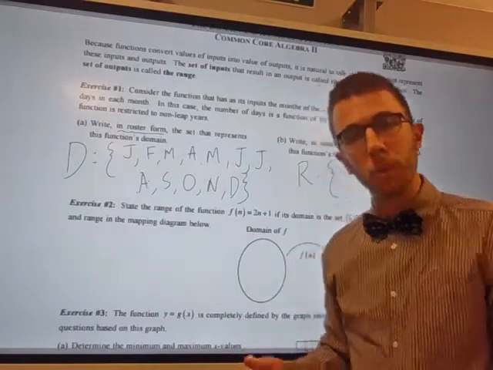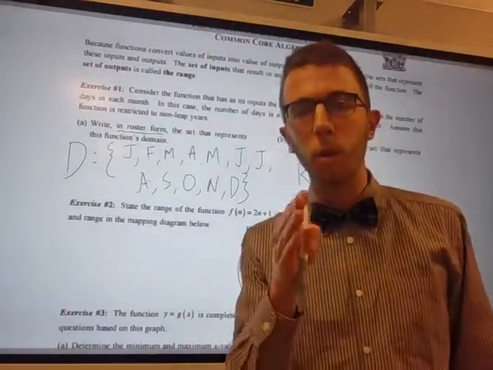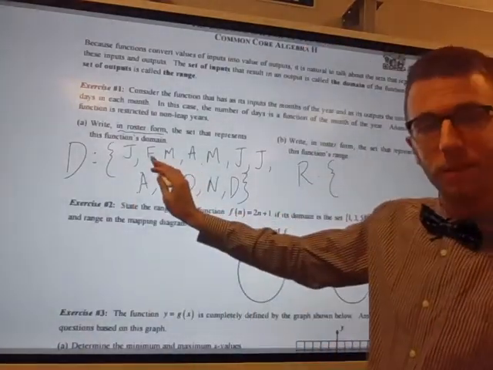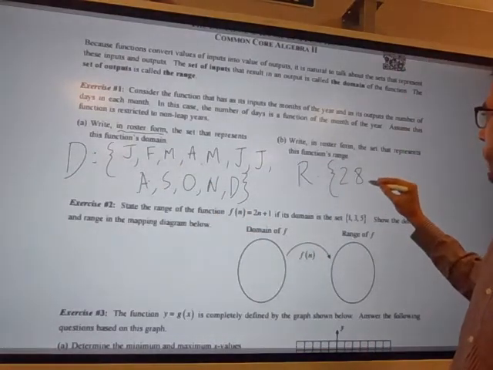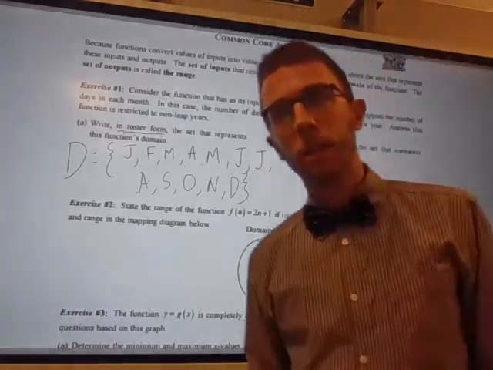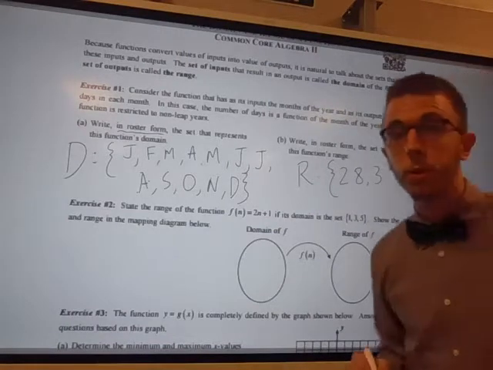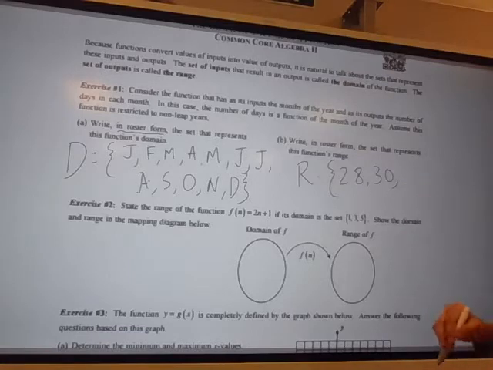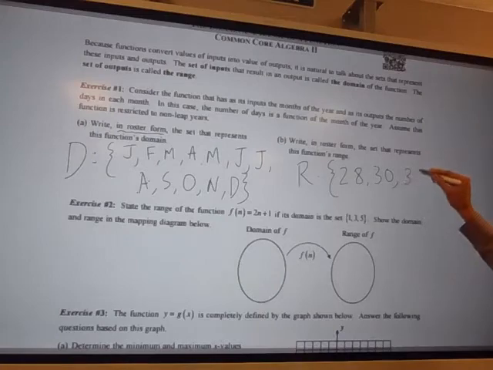I usually like to go lowest to highest. The month with the least number of days is February, and normally there are 28 days. Then September has 30 days, as well as April, June, and November from that catchy jingle. So we have 28, 30, and then all the rest have 31.